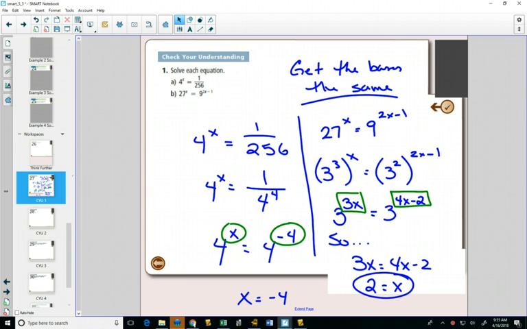In the second one we had to use our exponent law of a power to a power, you multiply, to get the bases the same. And if we can do that, then we can equate our exponents, because they would have to be equal, and our equation becomes something easy that we can solve. In the first one, it solved right away. In the second one, we still had to do some rearrangements to figure it out. Okay, questions for practice 3, 4, 5, and 6, and we will do some of those right now.